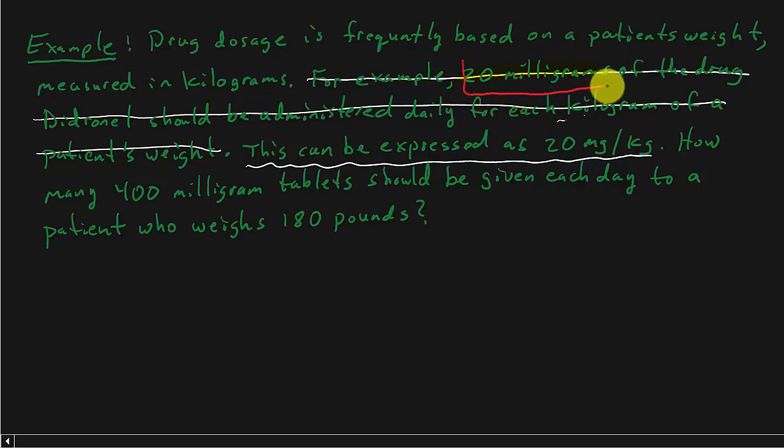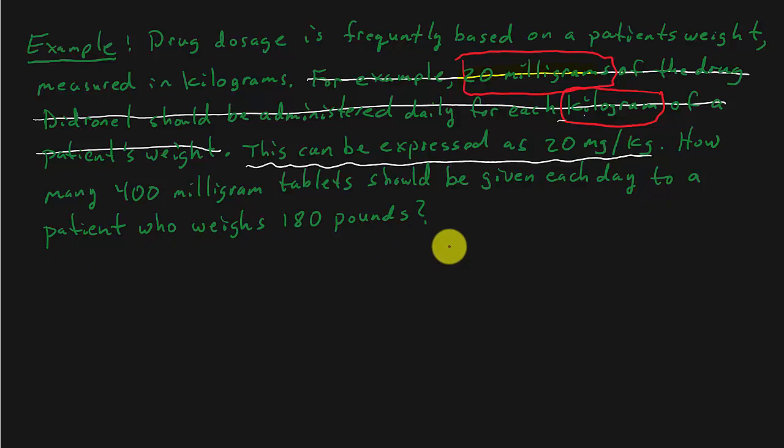See, the 20 milligrams for each kilogram, 20 milligrams per each kilogram. All right, so how many 400 milligram tablets should be given each day to a patient who weighs 180 pounds? So we've got the patient's weight.